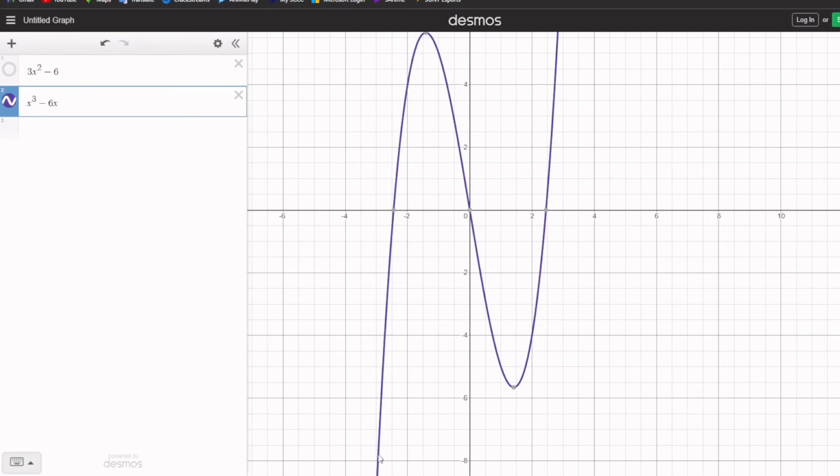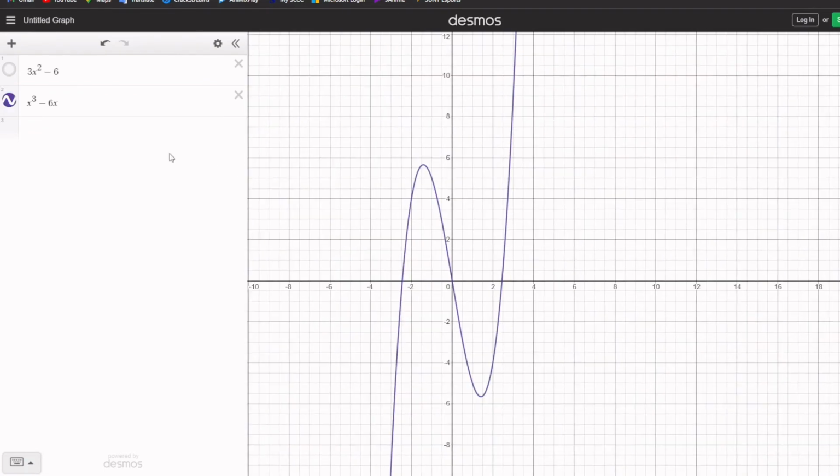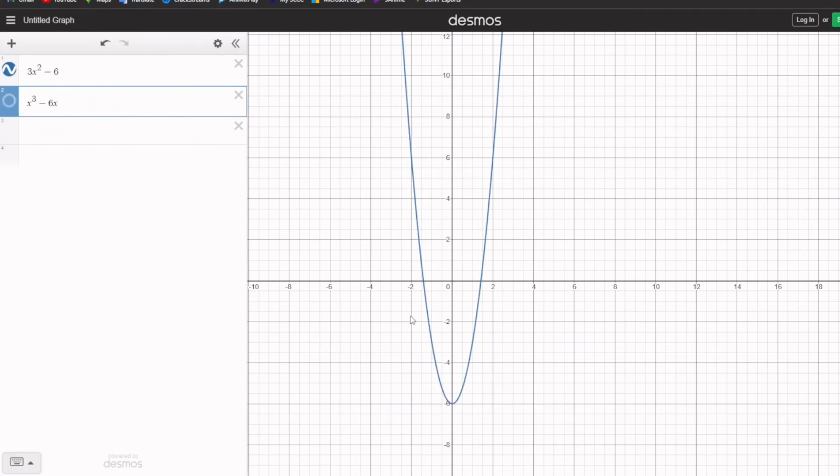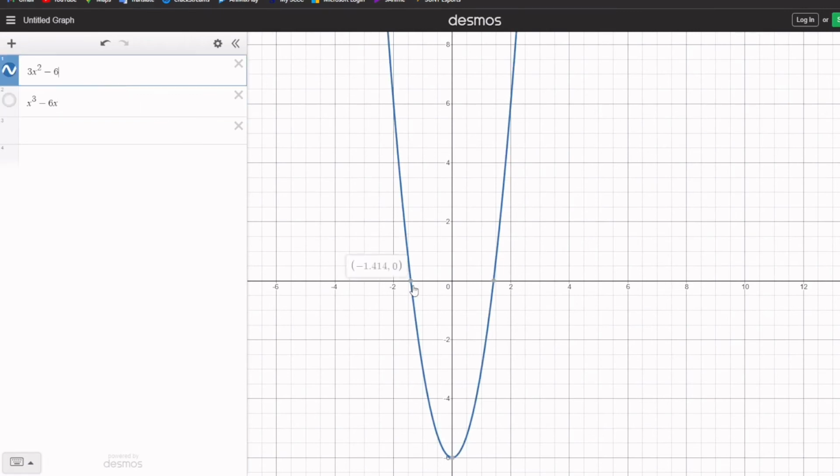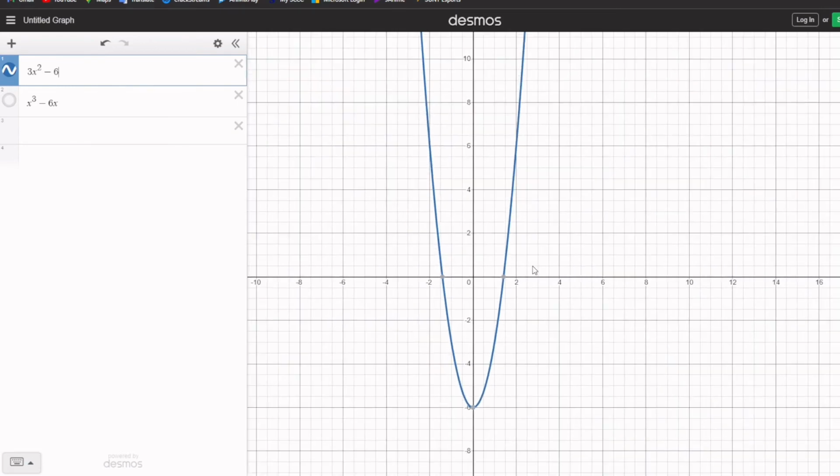Up until this point it would be increasing, then in this little interval it would be decreasing, which is shown here from the top to the bottom, where it starts increasing again. You can see it's the exact same points shown in the derivative, negative 1.414 and positive 1.414. So that demonstrates the first law: if it's positive, it's increasing, and if it's negative, it's decreasing. It's basically the opposite of before.